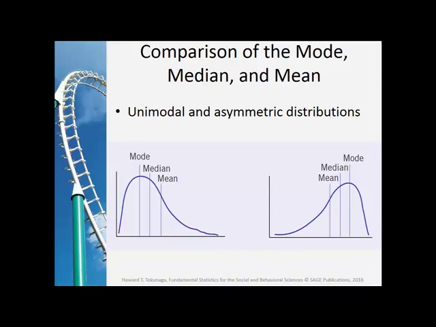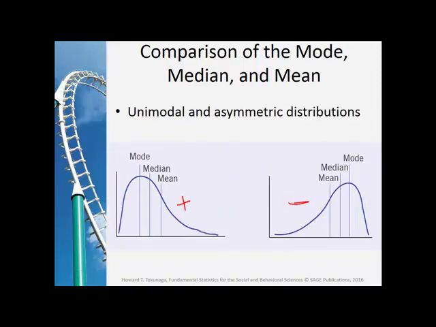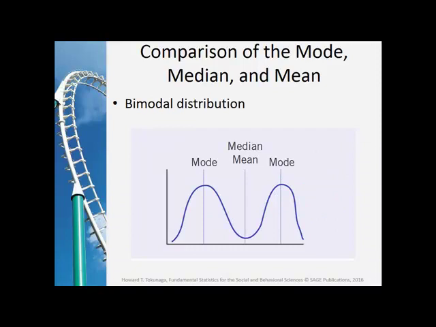If the mean is greater than the median and the mode, you have a positively skewed distribution. If the mean is less than the median and the mode, you have a negatively skewed distribution. If you have a situation where you have multiple modes, well, then what you have is a bimodal distribution.